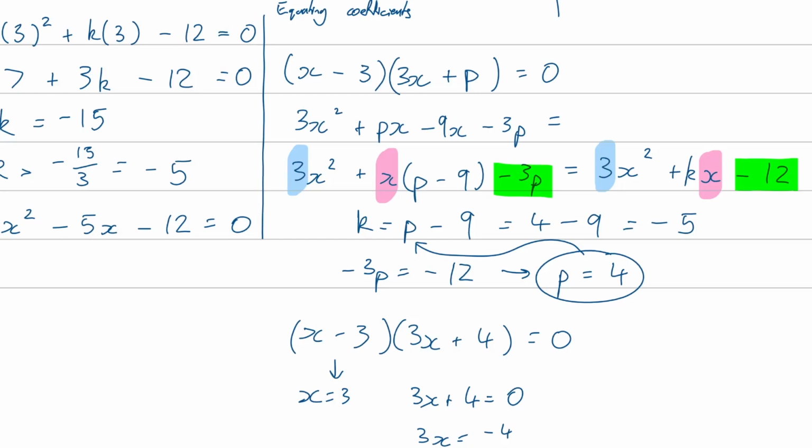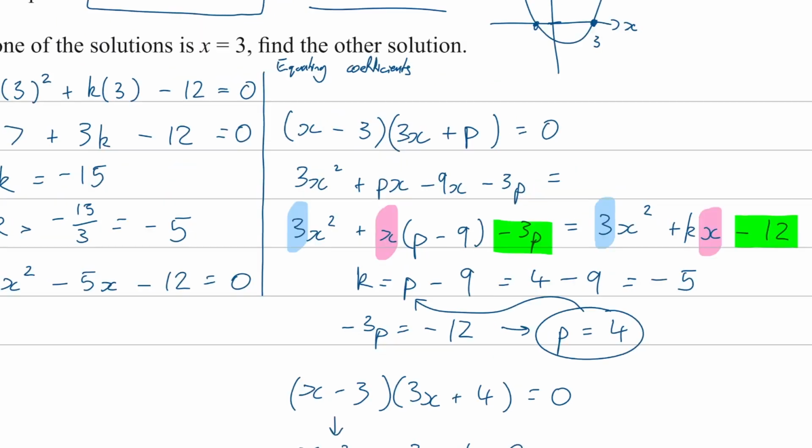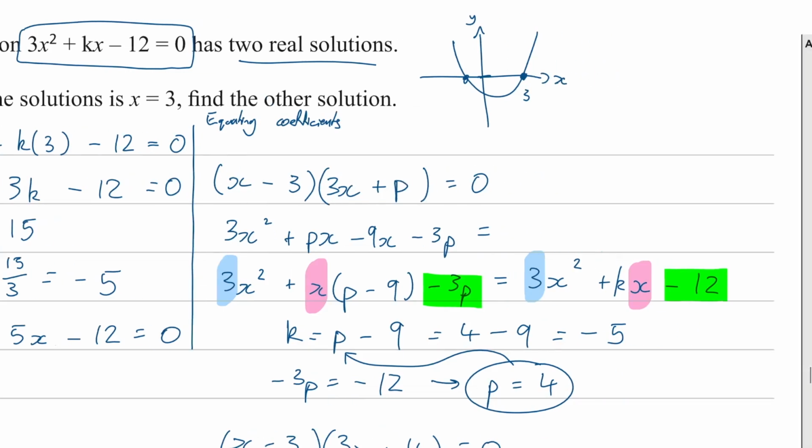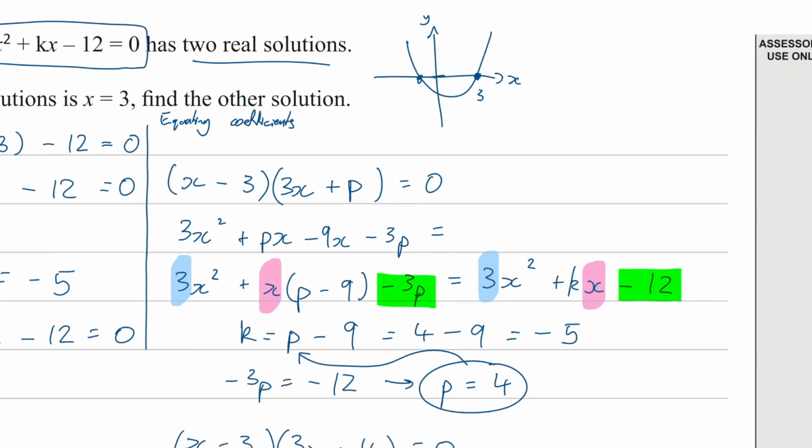So to summarize this one, equating coefficients, we know that one solution was x equals 3, so reverse engineering it, right, the factorized form, one of the brackets will be x minus 3. We know the other bracket will have a 3x in it to give us 3x squared, but we have some unknown, like plus p. And now we expanded that and then equated it to our original quadratic equation and then solved for p.